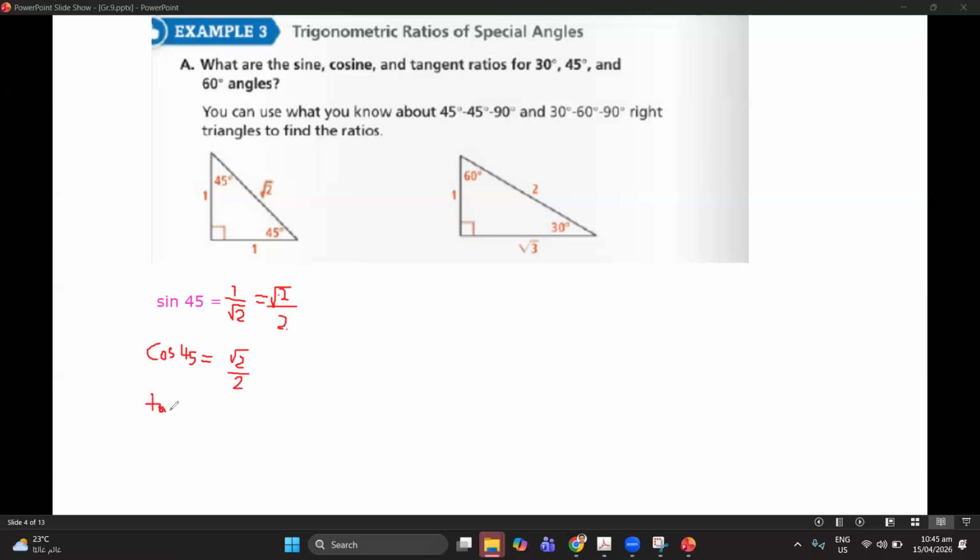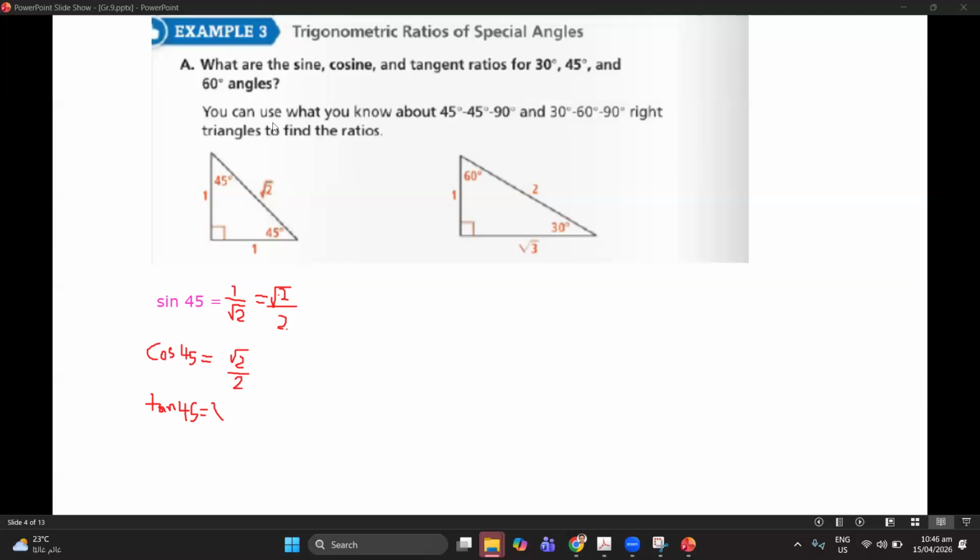So tan of 45 is equal to 1. If you try on your calculator, sine of 45 is square root of 2 over 2, cosine of 45 is square root of 2 over 2, and tan of 45 is equal to 1. This is constant.